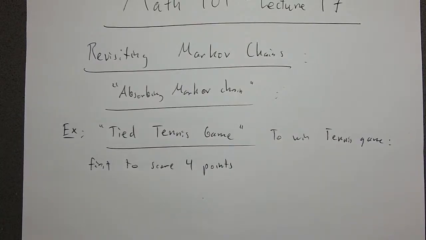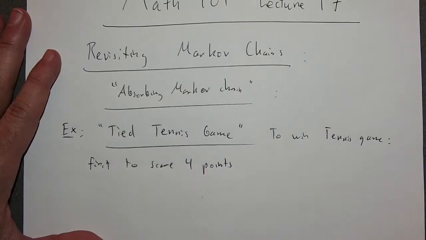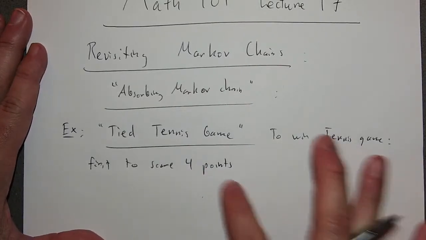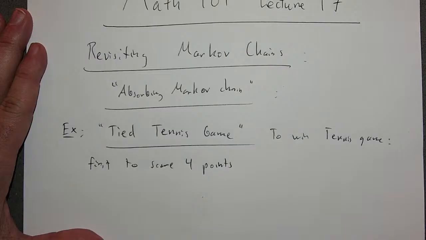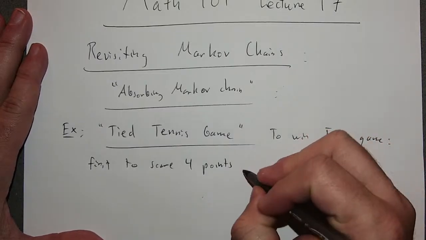It goes 0, 15, 30, 40, and then you win if you get to that point first. But one key thing about tennis that differentiates it from a lot of other sports is that it is not enough to simply be the first to score 4 points. You have to be the first to score 4 points, but also you have to score at least 2 more points than your opponent.